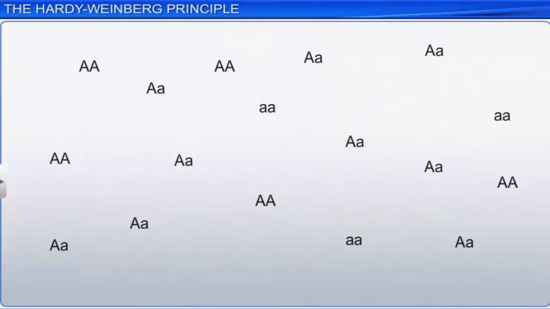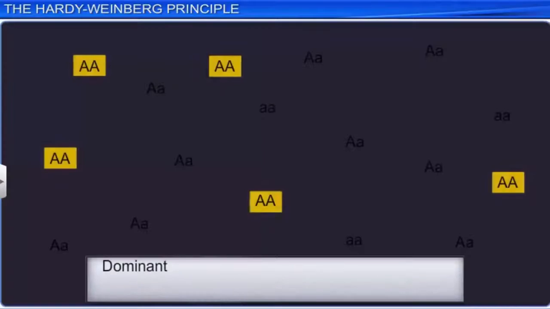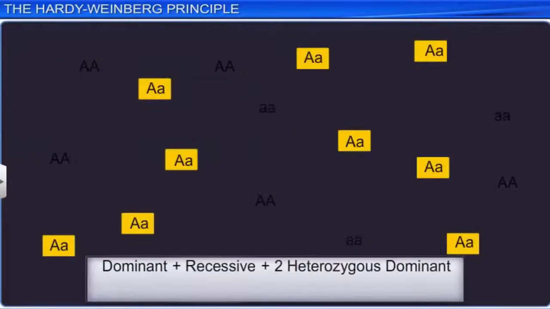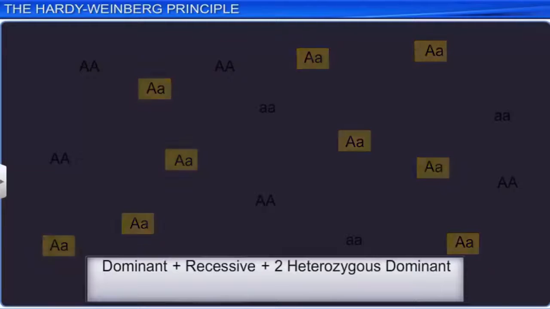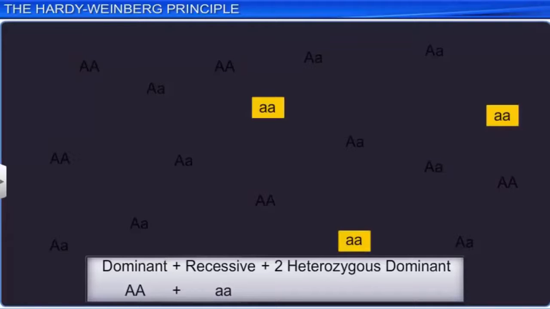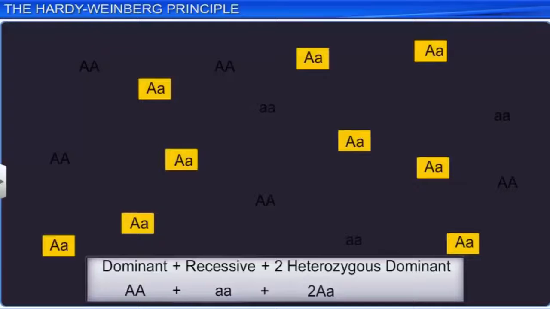The sum of all these frequencies is dominant plus recessive plus 2 heterozygous dominant, which can also be expressed as capital A capital A plus small a small a plus 2 times capital A small a.